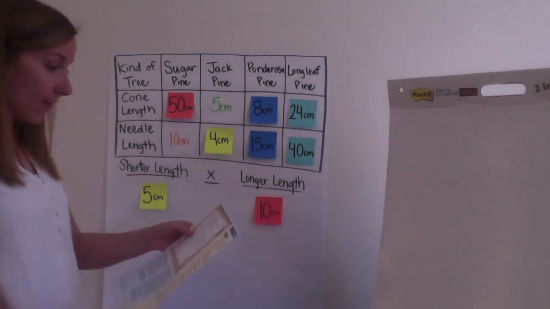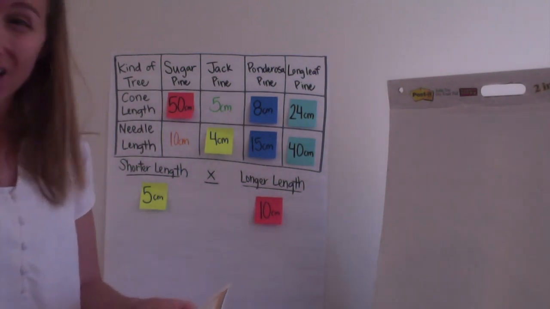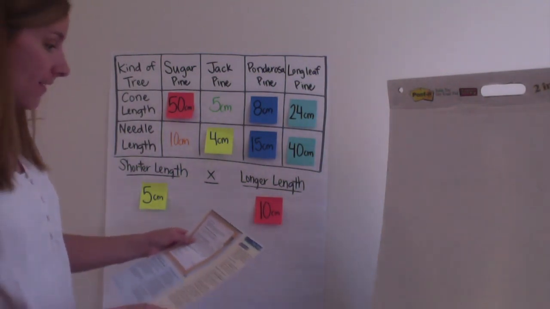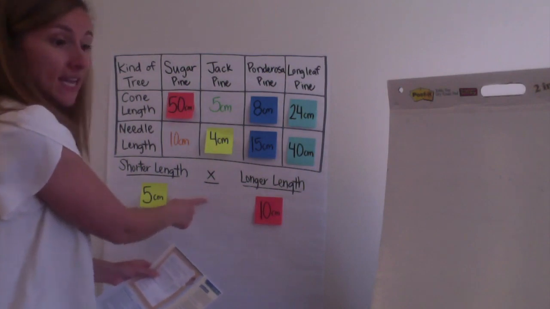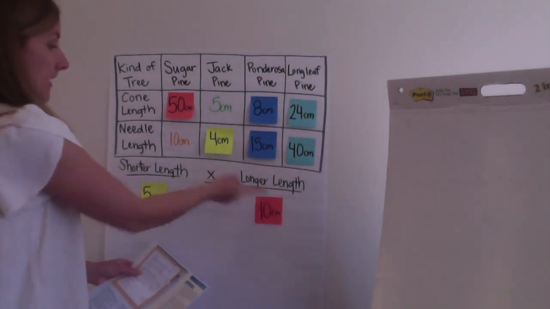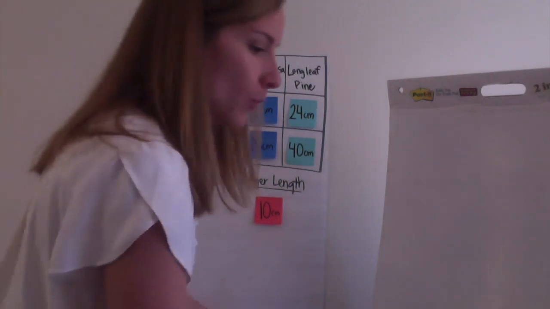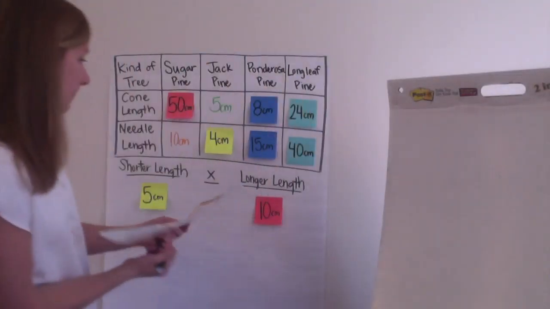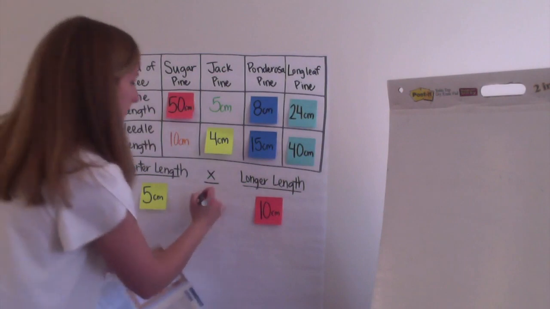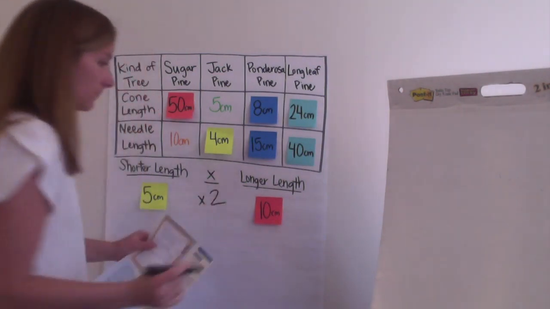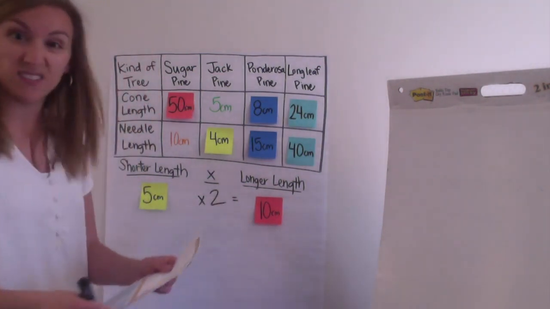So you could think about it that way. And if you look on your Math in Action, they actually have that one recorded as well. 5 times something to get 10. I know that 10 is a multiple of 5. I could skip count to get there. We could say that 5 times 2 could get me 10. So that would work.